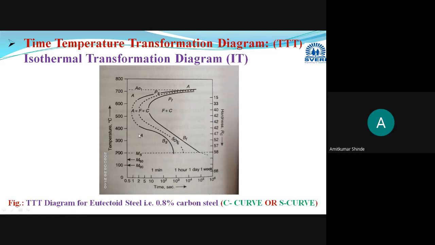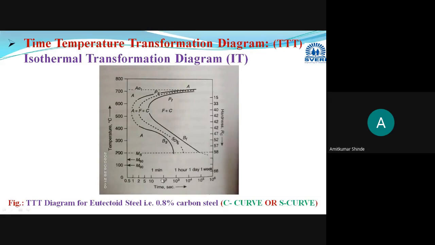Different phases are there at different temperatures and at different times. It is indicated by this diagram, which shows the phases existing in the steel at different temperatures and at different times. That diagram is termed the time temperature transformation diagram, in short the TTT diagram.